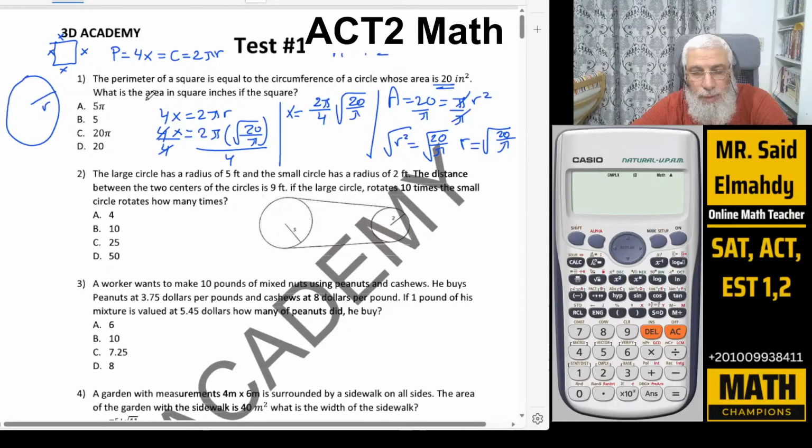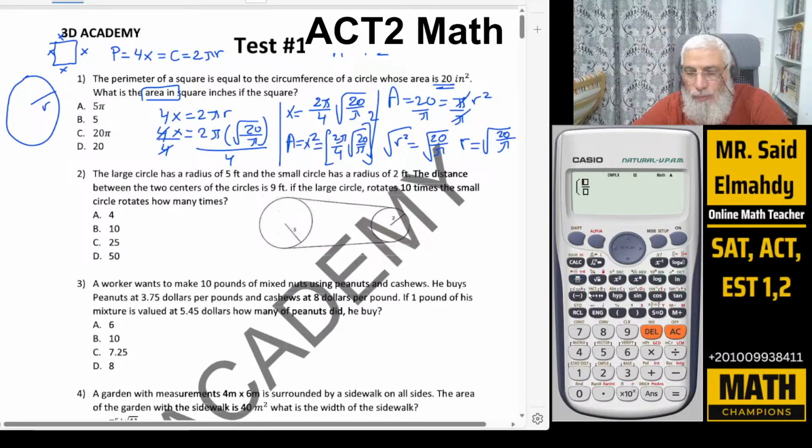What is the area of the square? Area of square is x squared, which is this number squared. So between bracket 2 pi over 4 square root 20 over pi all squared. We can put this in the calculator.